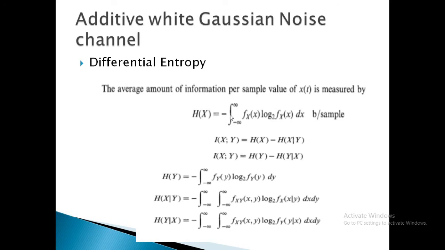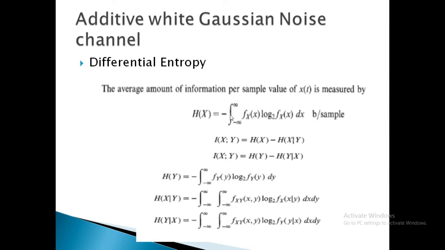H of x given y is equal to minus the double integral from minus infinity to plus infinity of f of x comma y log base 2 of f of x given y dx dy.